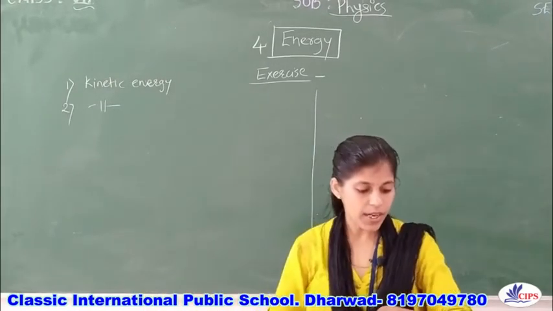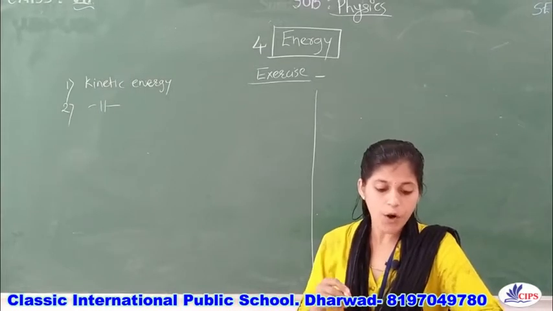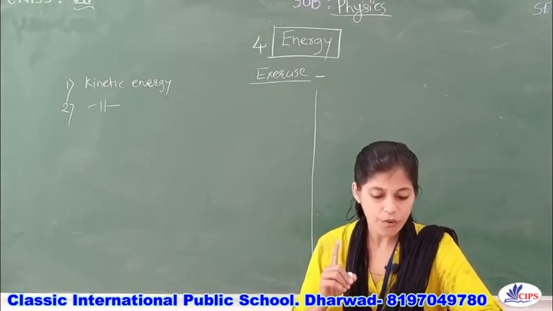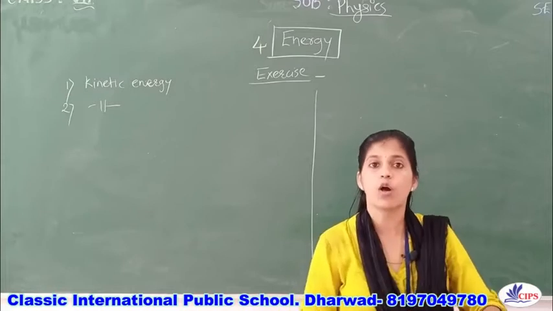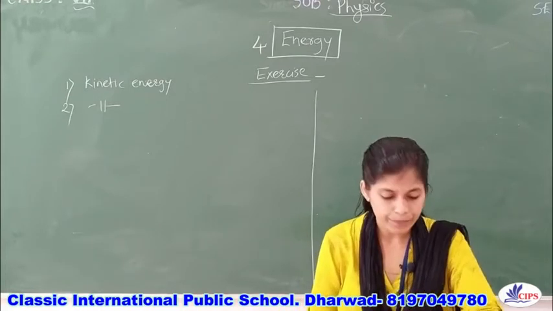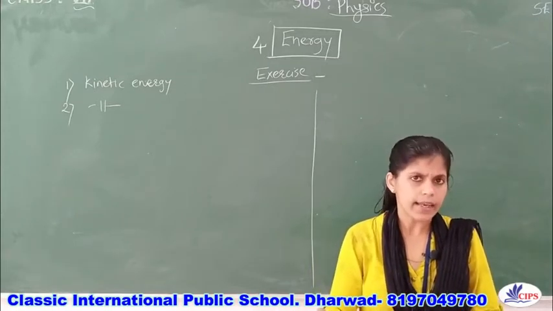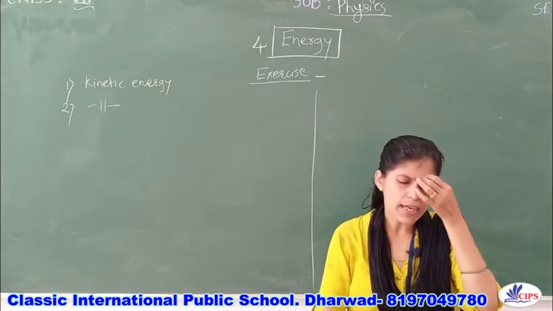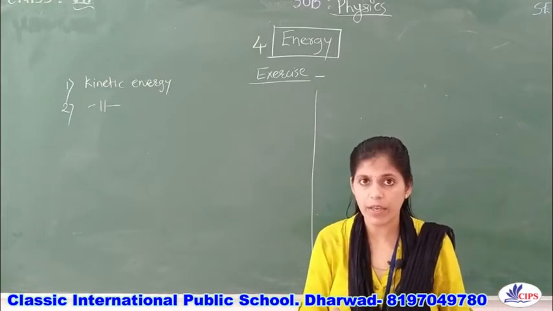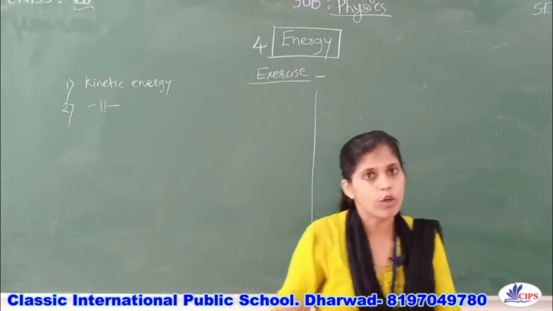Third question, this is very important: at what speed will a body of mass 1 kg have a kinetic energy of 1 joule? So they ask you for speed. As you know children, the formula for kinetic energy is K is equal to half mv square. Before solving that, we need to write down all the given information first.